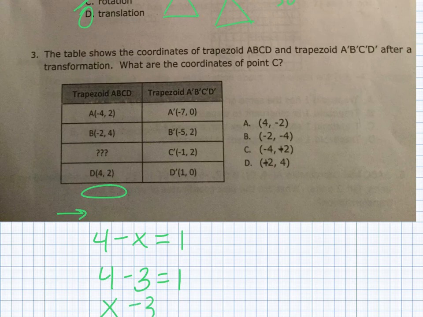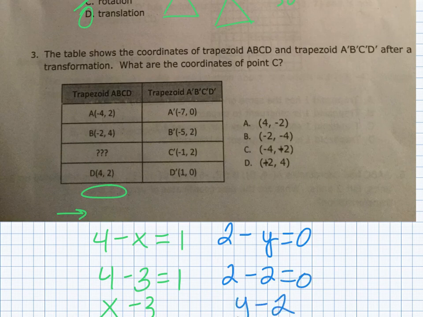Okay, so let's look at the y. 2, and that's also decreasing, it's going to 0, so 2 minus the y had to equal 0. So that means 2 minus 2 equals 0. So the y changed by decreasing by 2, y minus 2. So this is our rule here.